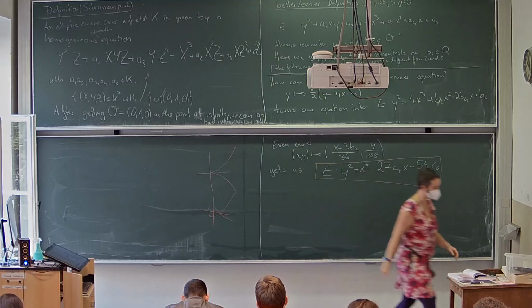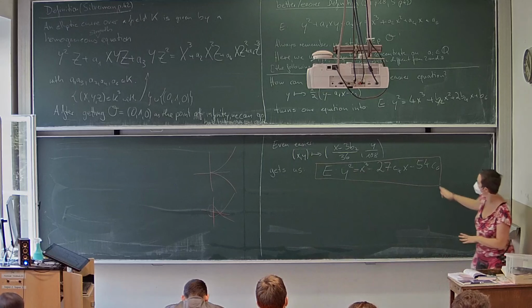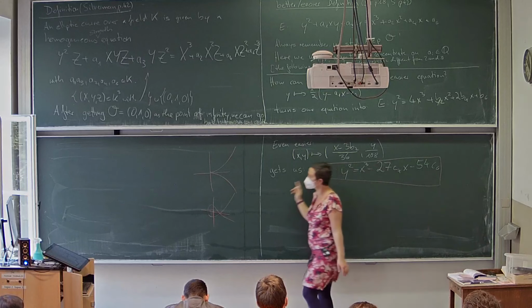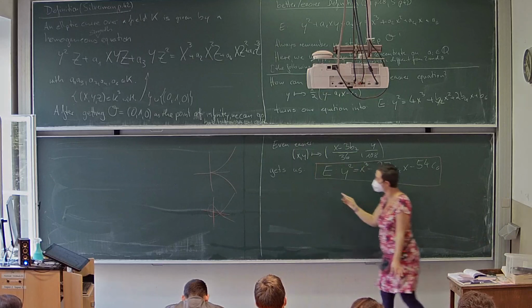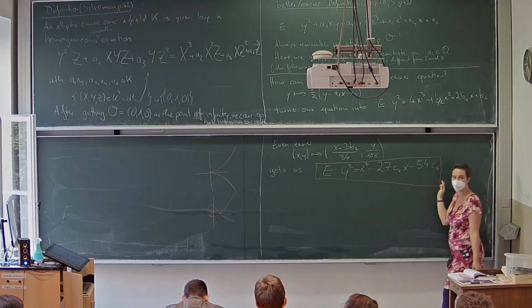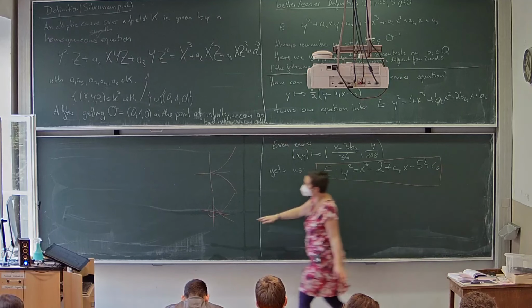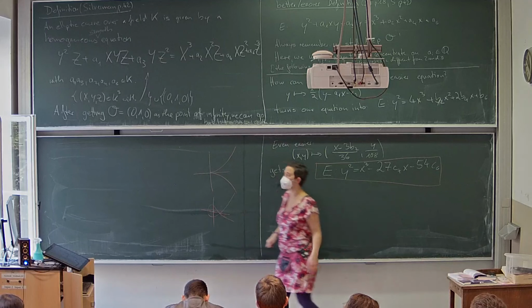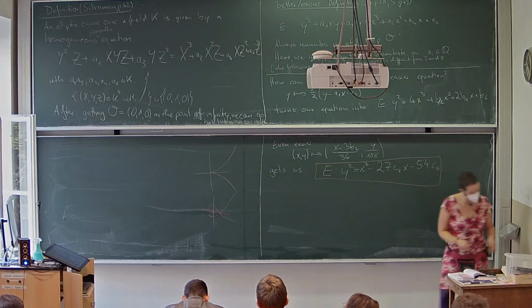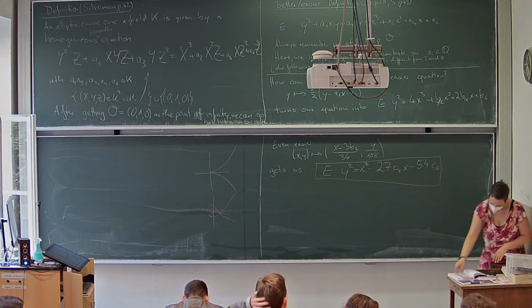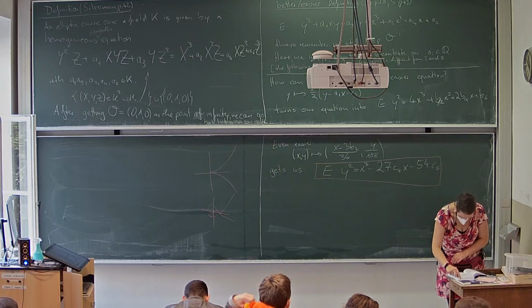I need one more step to get to the final definition, because we still have to find out what we have to say about this equation in order to avoid those types of curves. Okay, so how can we do this?